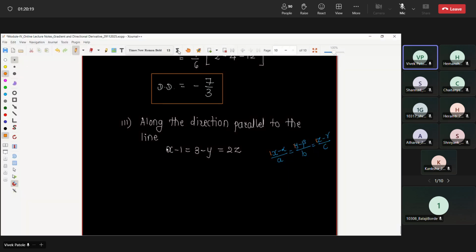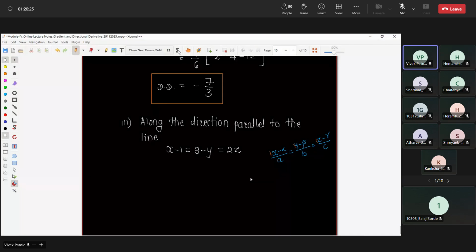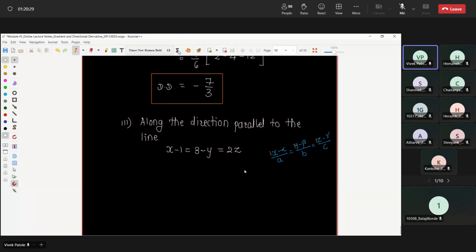So is it happening here? No. Okay. So first of all, we have to make the coefficient of each and every variable 1. So for that reason, first of all we will try to express it in the standard form. Okay, so here I am writing that thing.